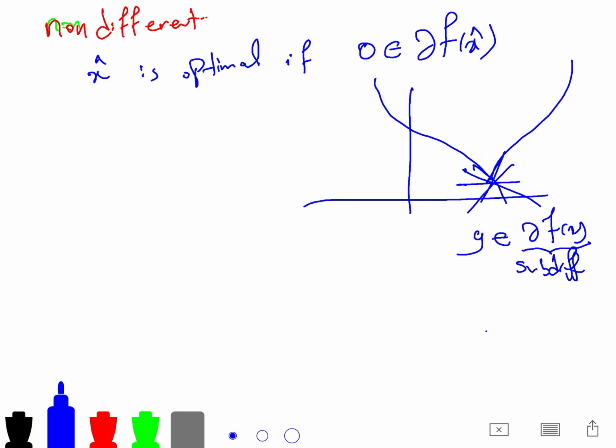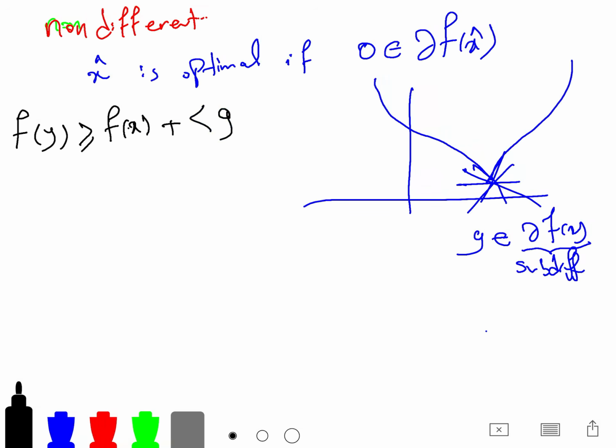Let's look at the definition of a convex function. f is convex if f of y is greater than or equal to f of x plus the inner product of g and y minus x, for any y, where g is one of the subgradients in the subdifferential.